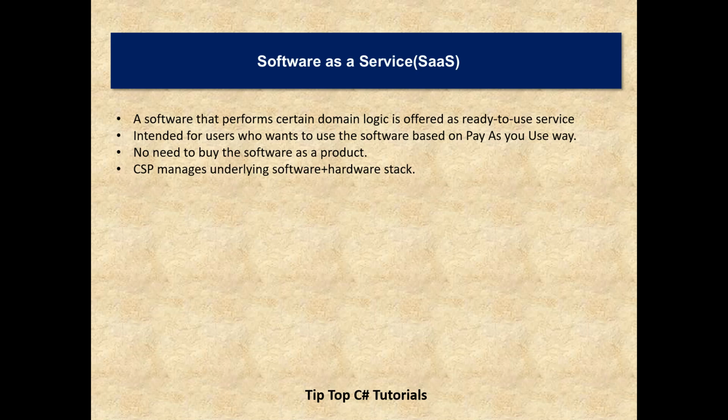For example, if you have a software to be used every 3 months in a year, you don't need to buy the entire software as a product. You can just subscribe to the service and use it for 3 months in a year and pay only for those 3 months. That is the whole idea of software as a service.